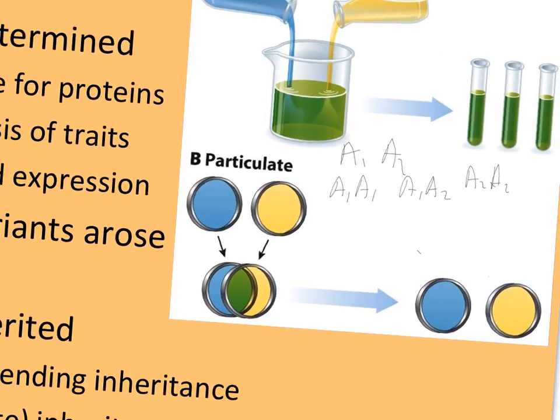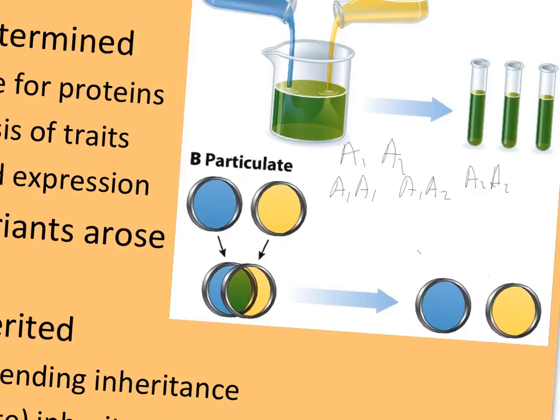So, in terms of particulate inheritance, the genotype with the green is actually the heterozygote genotype. In other words, there's only two different alleles, and the individual that has one of each ends up with this genotype and phenotype that looks like green, A1 A2.